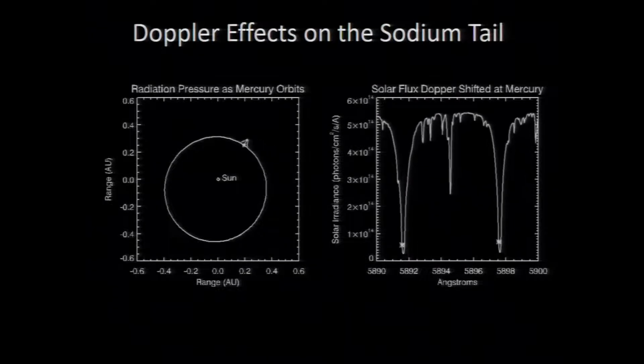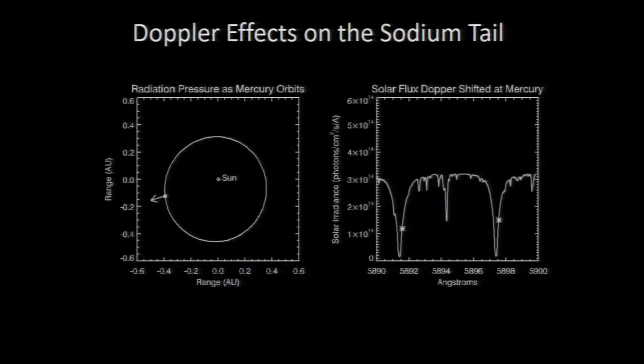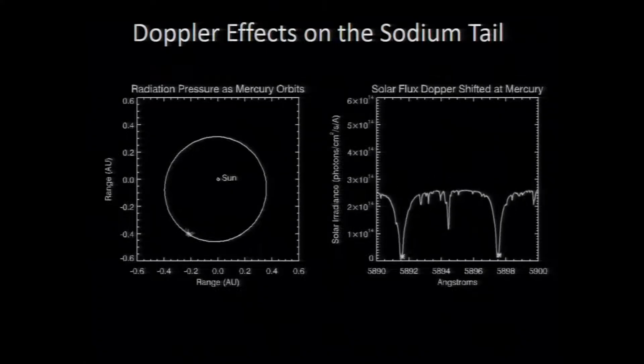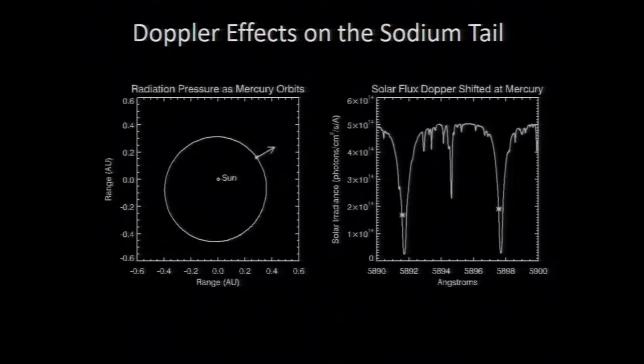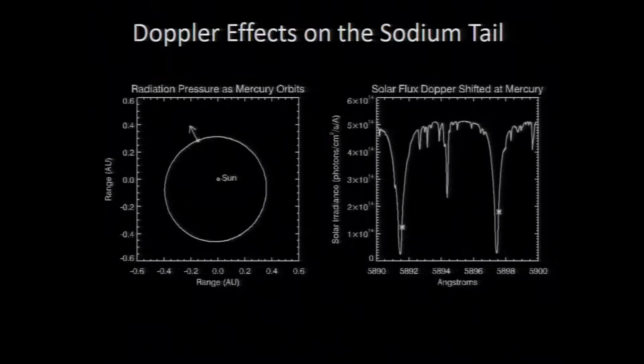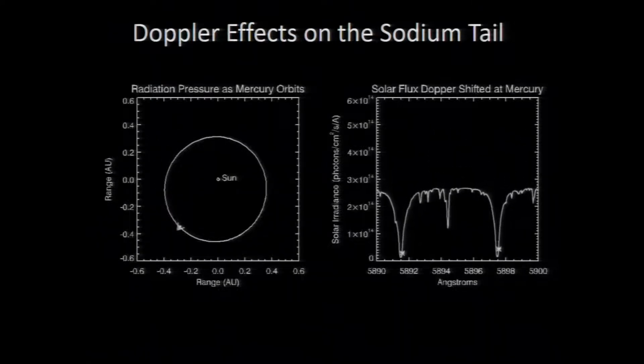Now, in order to understand the sodium tail, there's a complicated geometry effect that we need to discuss first. All of that is just due to the 1 over r squared effect. It changes the amount of sunlight as Mercury orbits, so that moves the incident flux up and down. And the eccentricity makes you Doppler shift left and right by about 10 kilometers per second.